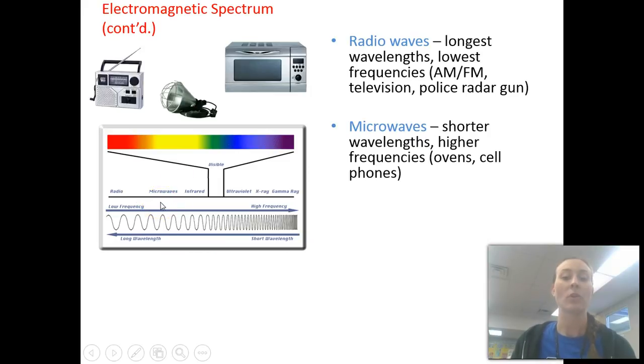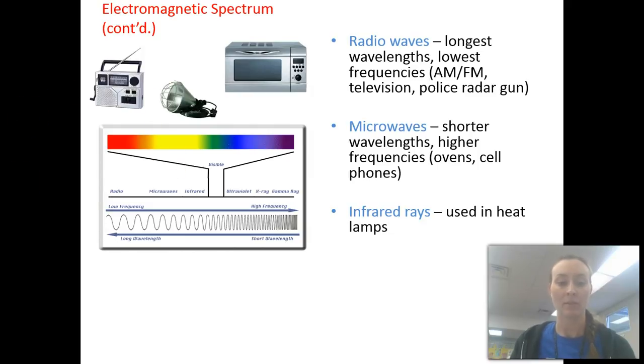They have shorter wavelengths, higher frequencies, and things like ovens and cell phones use microwaves. Infrared rays over here are used in heat lamps. If you've ever been sitting out on the patio of a restaurant at night and felt a heat lamp, those were infrared rays.